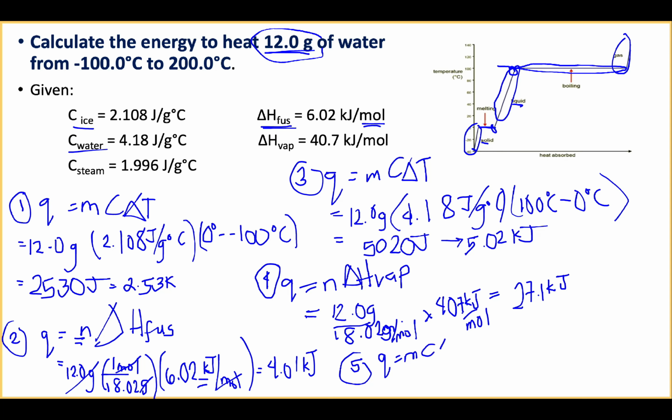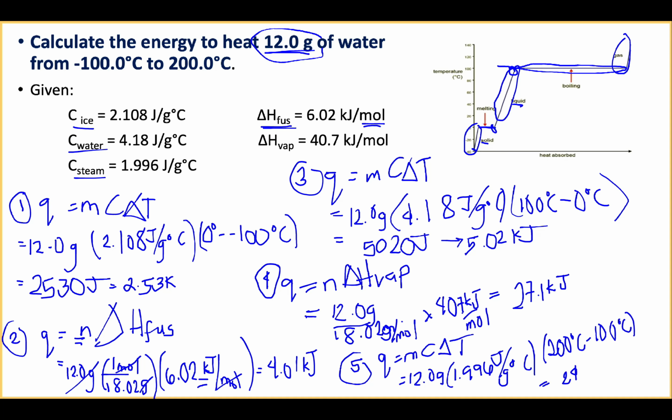Step 5 is this one. It's a slope: 12.0 times the specific heat of steam, times the change in temperature, which is 200 minus 100. This will give us 2,400, and to follow the correct significant figures, we have 2.40 kJ.